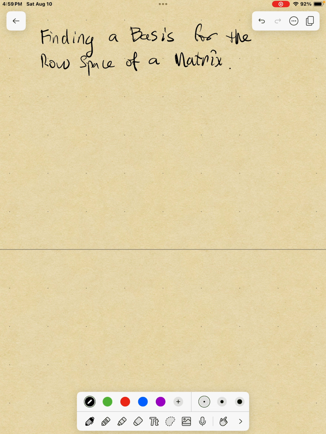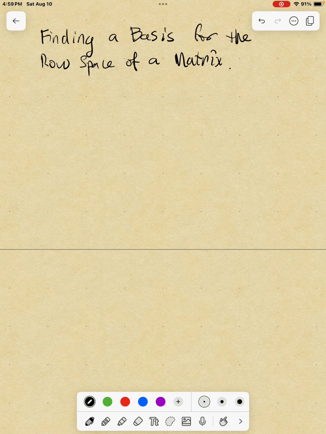So last time we talked about how to find a basis for the column space of a matrix, and we did that in 2 steps. First we figured out what a basis for the column space is. If the matrix is in echelon form, you look at the pivot columns, and then we talked about how to deduce how to find a basis for any matrix using its echelon form.